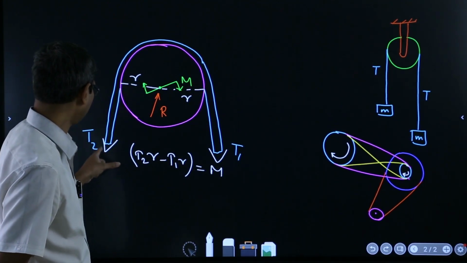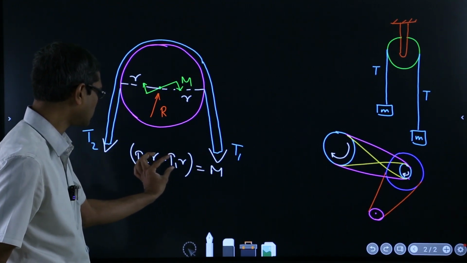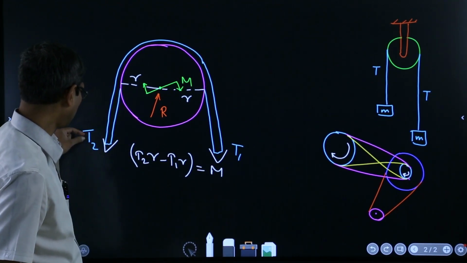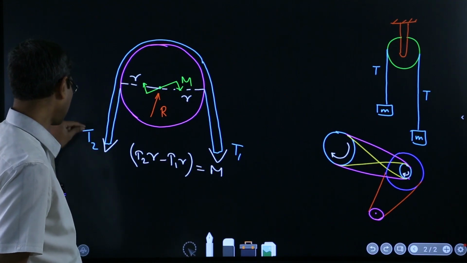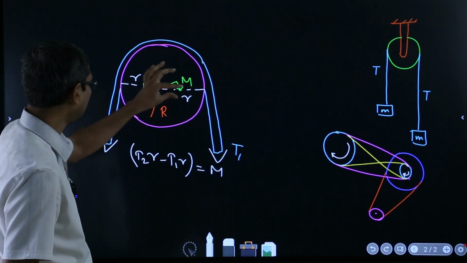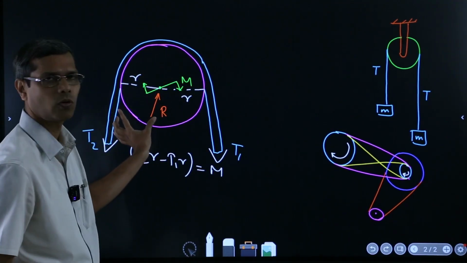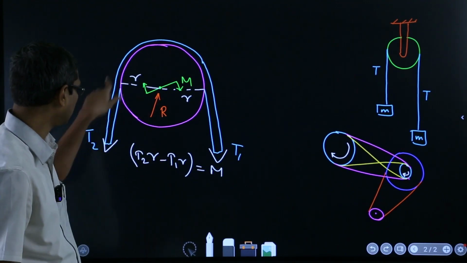If now we apply a slightly higher force here, then the belt will slip over this, in this direction.